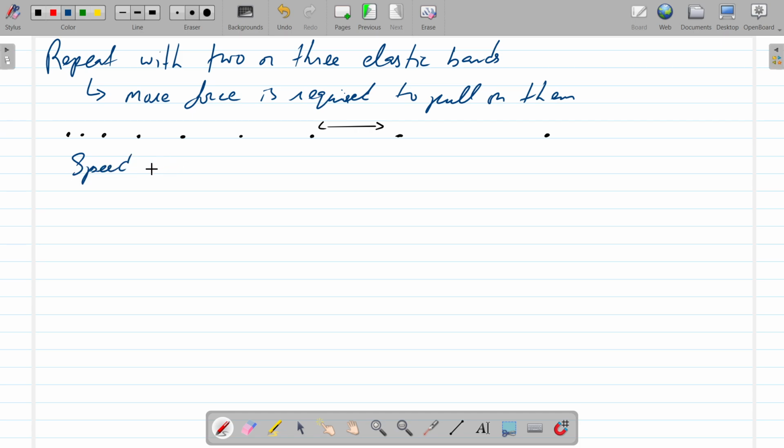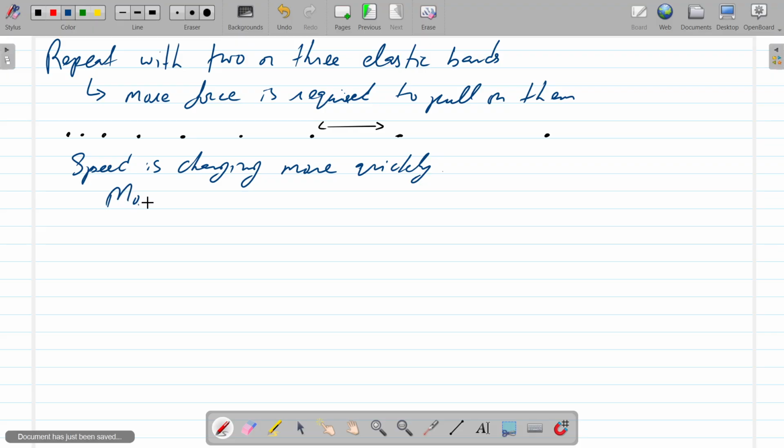So it means that the speed of the trolley is getting faster. Like the distance between those dots is changing very quickly. So does that mean that the speed of the trolley is getting faster? Yes, and it is changing, which means it has more acceleration as compared to the previous one.